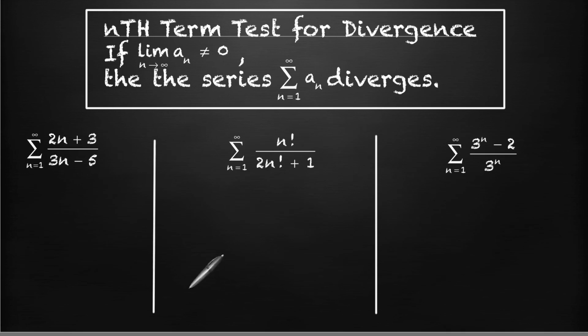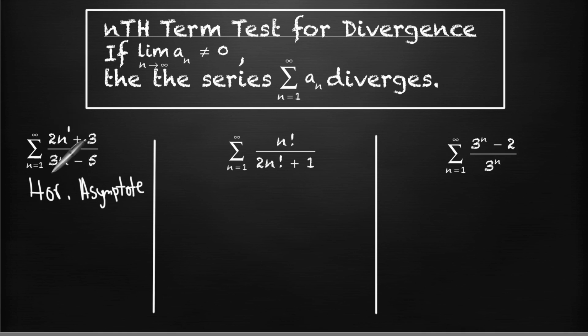All right, 3 quick examples here using the nth term test. And we are going to take the limit as n approaches infinity of this function. So when you plug infinity in, this is similar to finding the horizontal asymptote. So we know that anytime you're letting n approach infinity of a function like this, you are simply going to compare the powers.